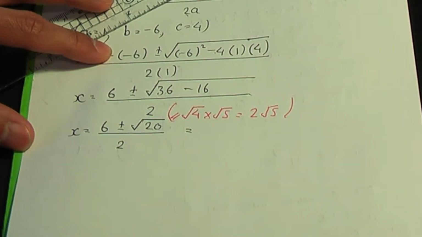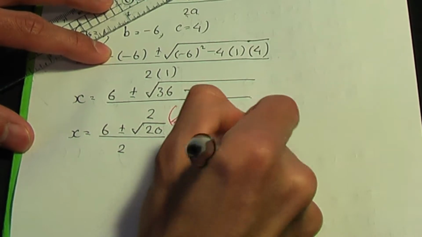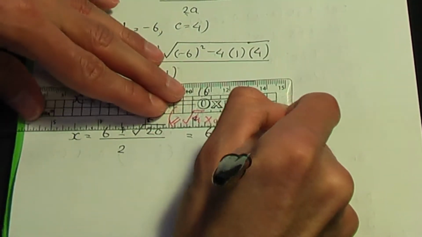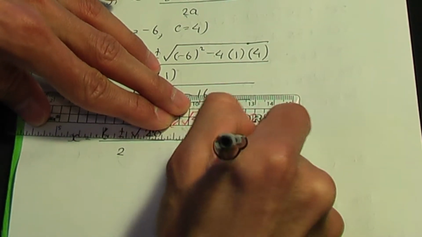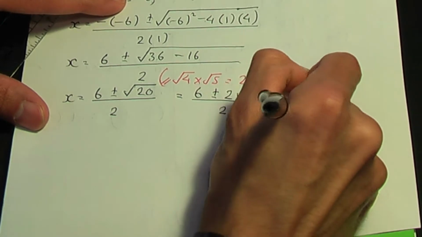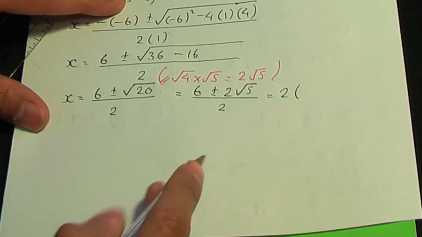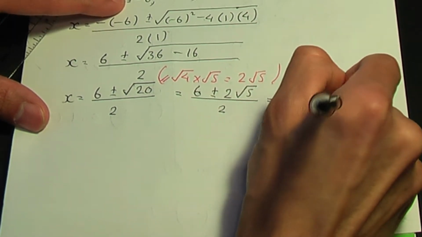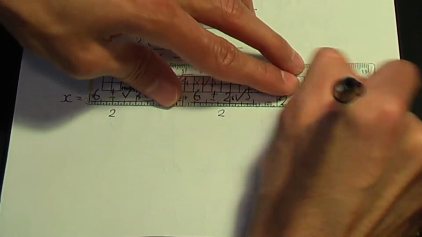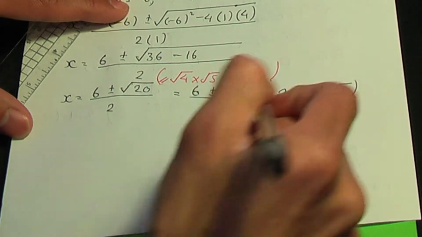So let me continue along the line. So I'll have 6 plus or minus root 20, which is 2 root 5, over 2. And what I'm going to do here is, if I take out a common factor of 2 from the numerator, I'm left with 3 plus or minus root 5 divided by 2.